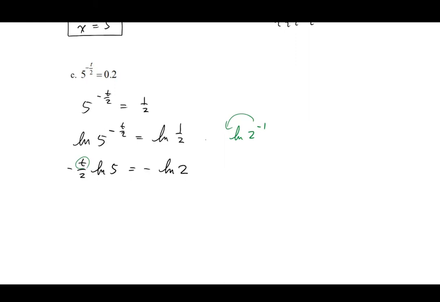Who am I kidding? Let's do it in 2 steps. Negative t over 2 is equal to negative ln 2 over ln 5. Then we multiply by -2, so t is equal to 2 times ln 2 over ln 5.